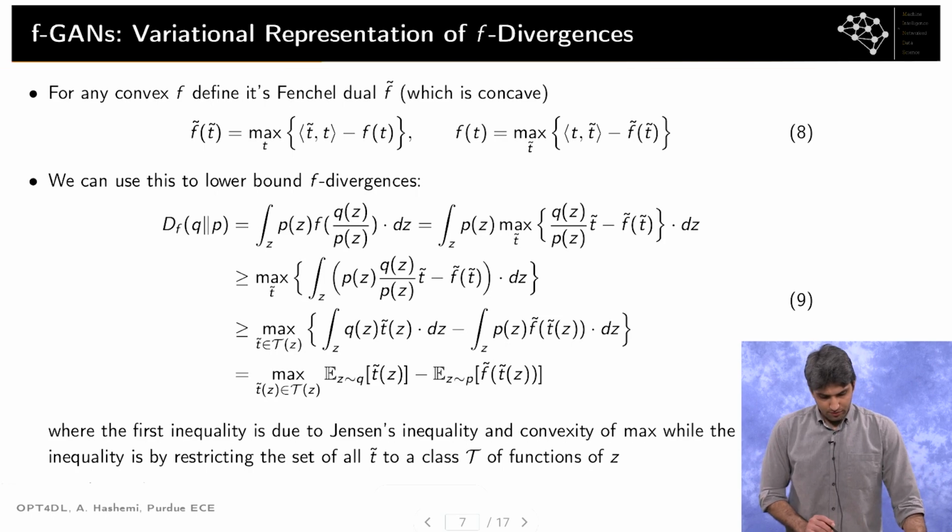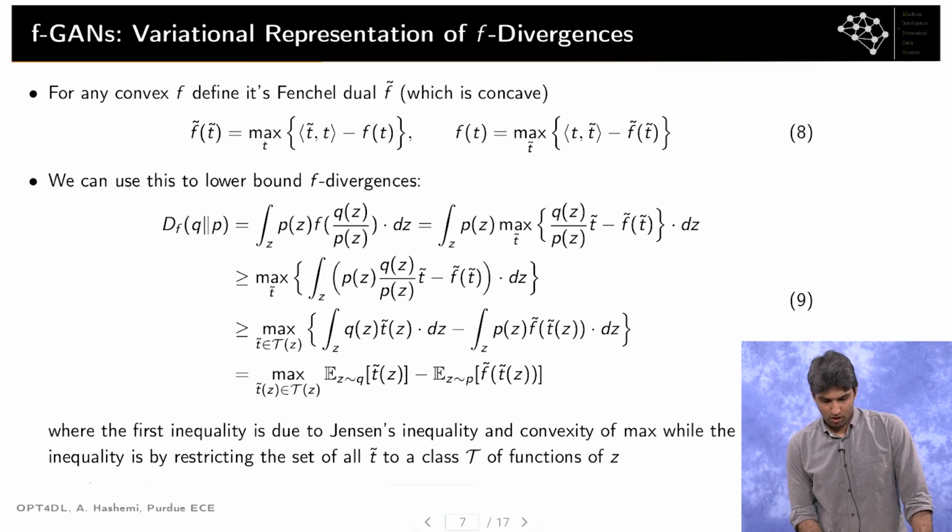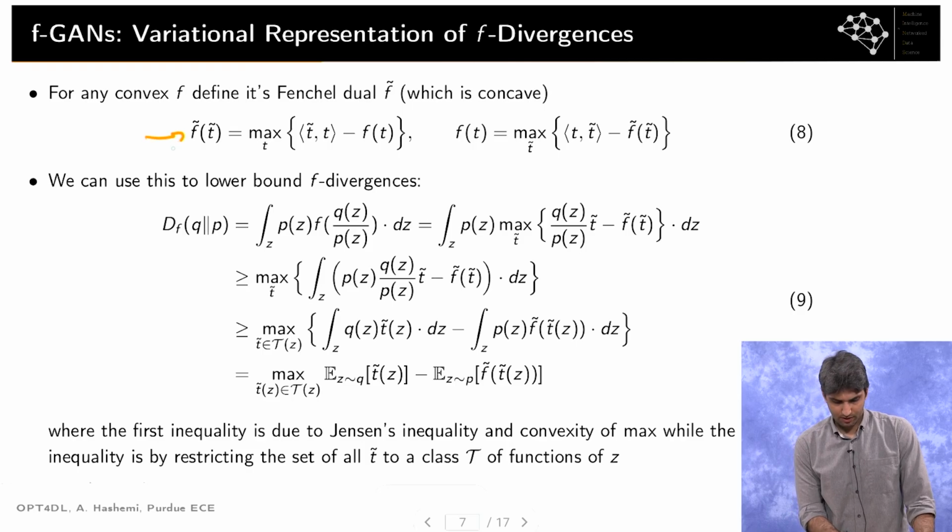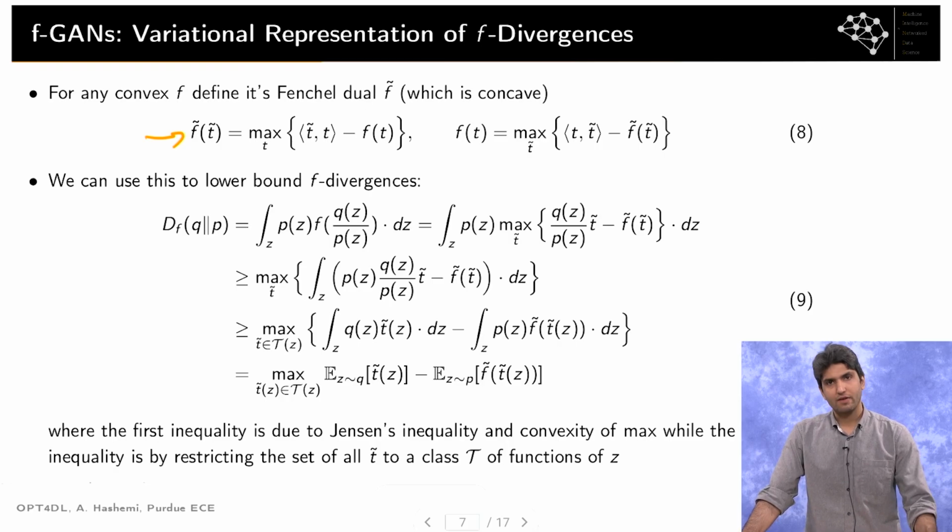Right. So our main tool is what we call the Fenchel dual of a convex function, which is defined by equation 8. So there are very nice interpretations of this result and this definition. It's not too important for us, but let's just take this as a definition.